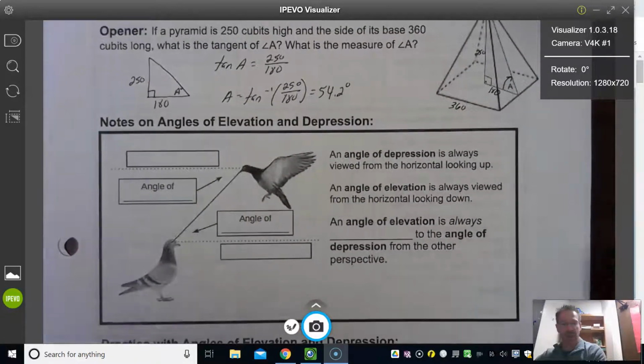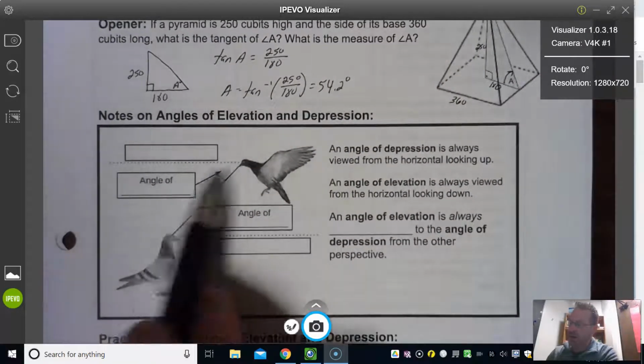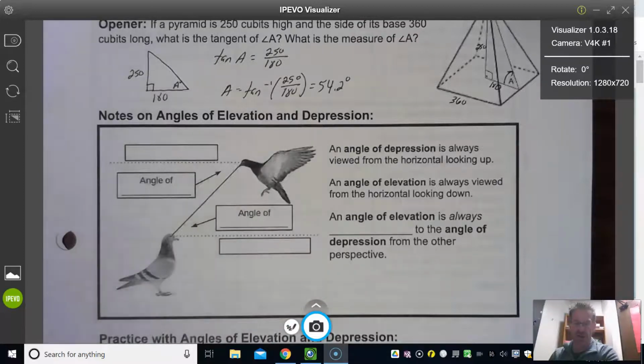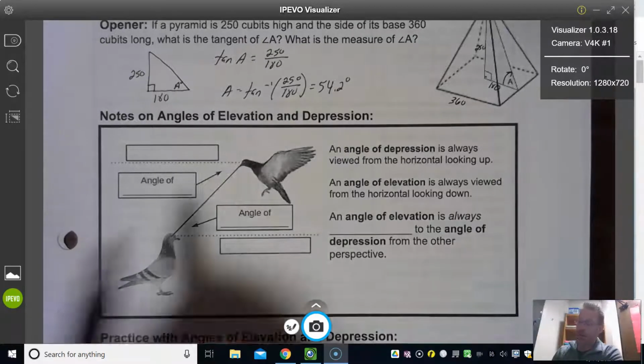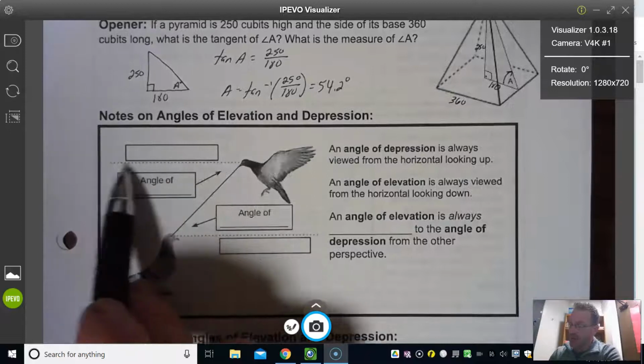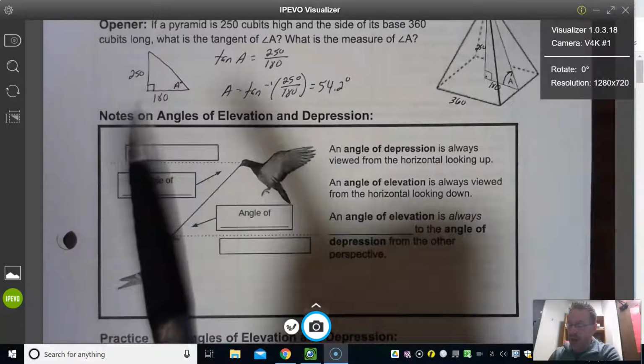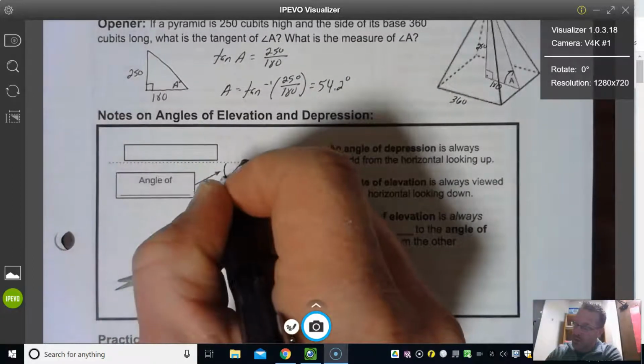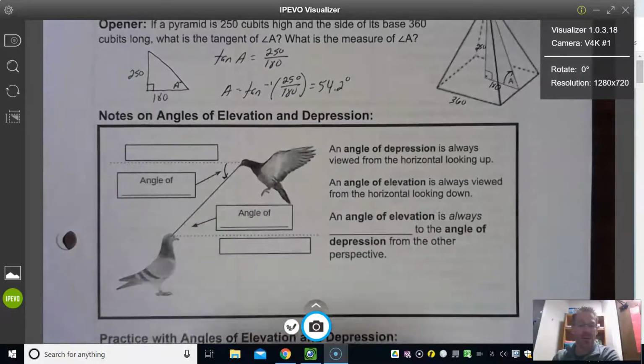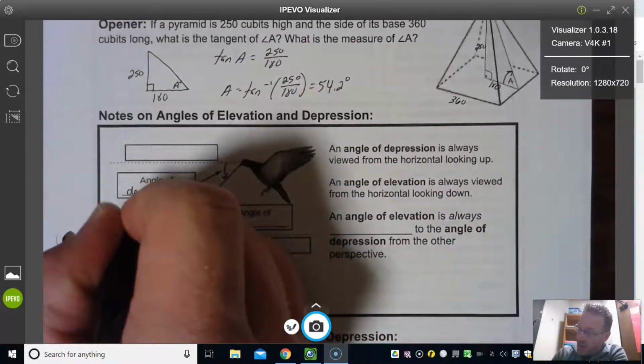So when we look at this picture here, we have our two pigeons looking at each other. So notice the line of sight here for this pigeon. This is the horizontal, and notice this angle is going down from that horizontal. And because it's going down, that is an angle of depression.